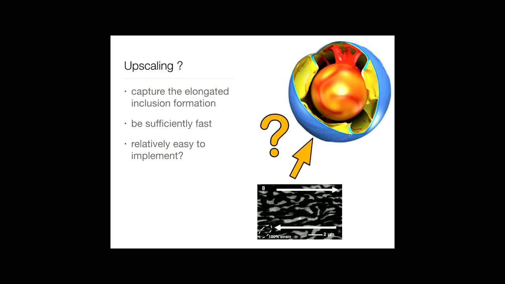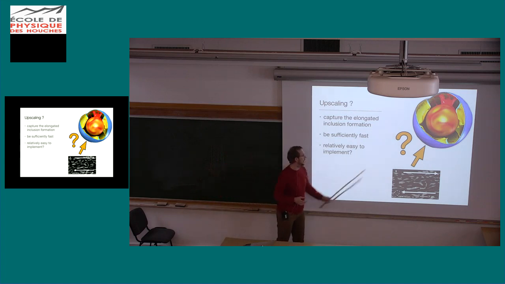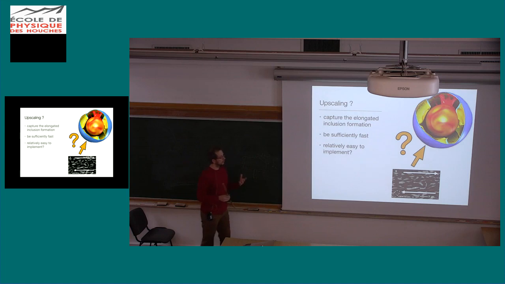Because in the end we want to model the Earth, we want to model the mantle, but we cannot model the really small scale on the whole Earth scale, so we want to have some upscaling. And so we want to capture this elongated inclusion formation. It would be nice if it was sufficiently fast, because otherwise the mantle convection models would take forever.